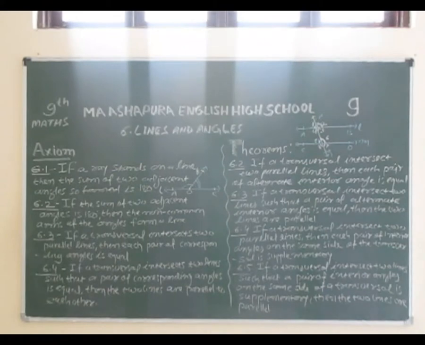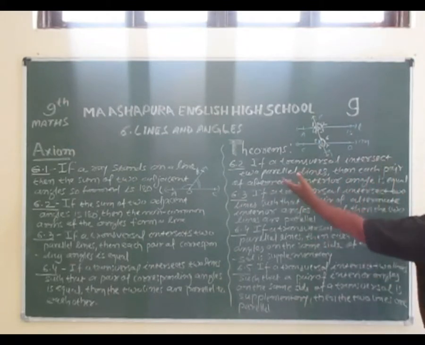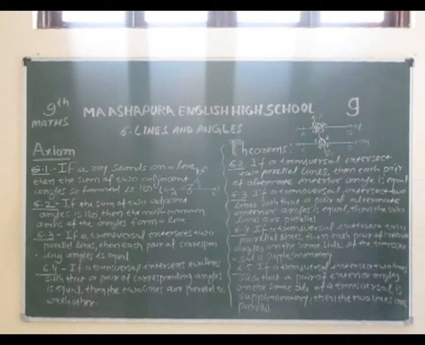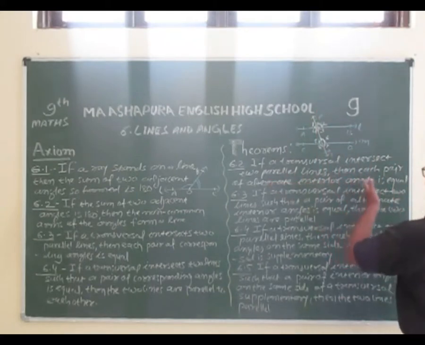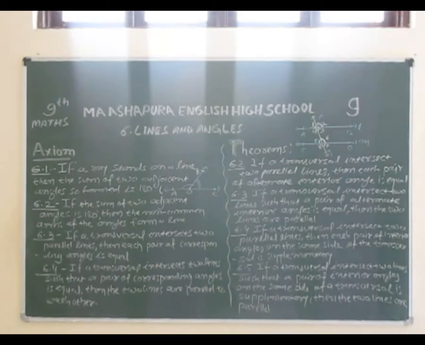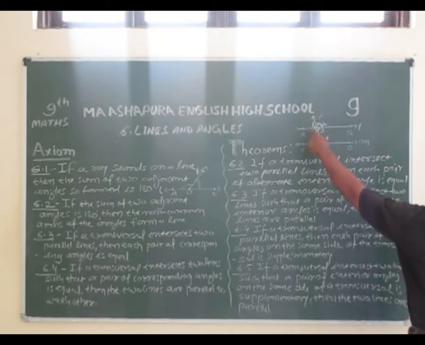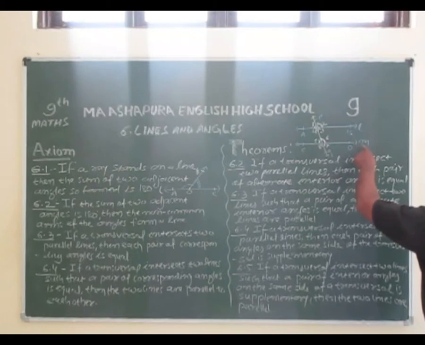Now, we understand some theorem statements. So first of all, 6.2. If a transversal intersects two parallel lines, then each pair of alternate interior angles is equal. The first pair of alternate interior angles is angle 4 and angle 6.